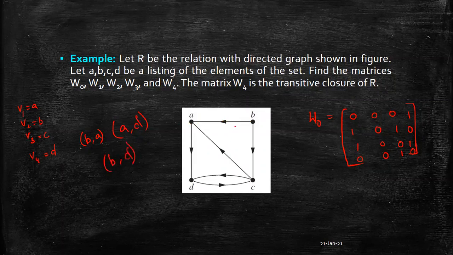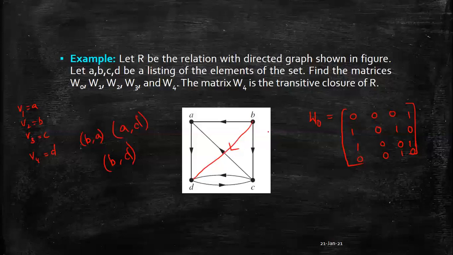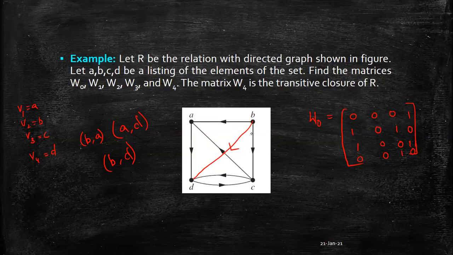We should have BD. So this edge should be added in our graph. To add this edge in the W1 matrix, we have added a 1 over here. From B to D, we have added an edge. So from B to D, we need to have an edge. So this is the edge that we have added.